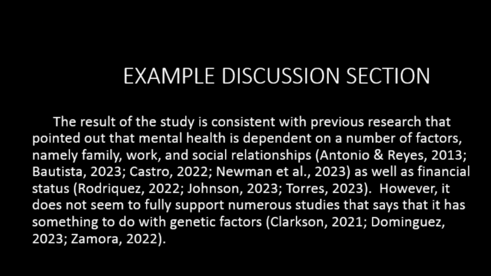As you have noticed here, I used the APA format, which means I arrange the literature in alphabetical order. And then I have another sentence. However, it does not seem to fully support numerous studies that say that it has something to do with genetic factors. And then I added additional literature which are related to the second sentence.